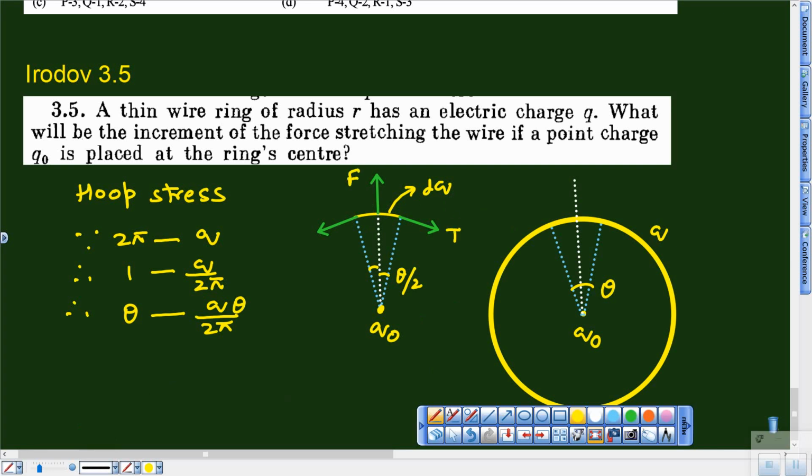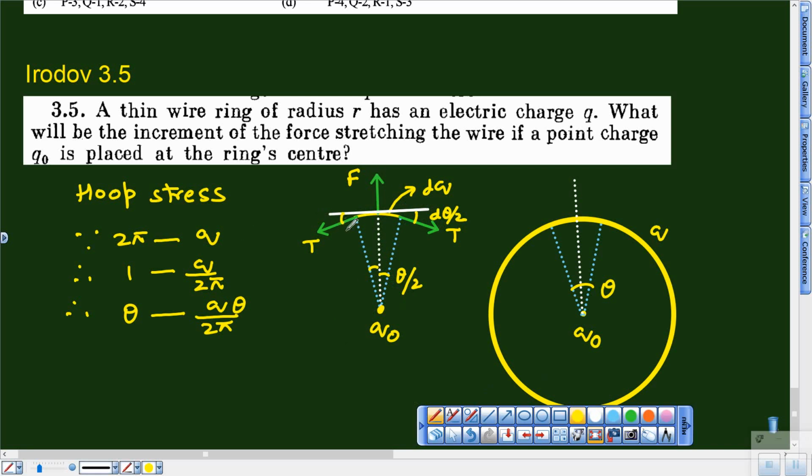This is tension T, this is tension T. Now if I draw a horizontal line over here, you know that the angle between two lines is equal to the angle between their perpendiculars. This blue line is perpendicular to this green line. This dotted white line is perpendicular to this white line. That's why this angle will also be theta by 2, and likewise this angle will also be theta by 2.